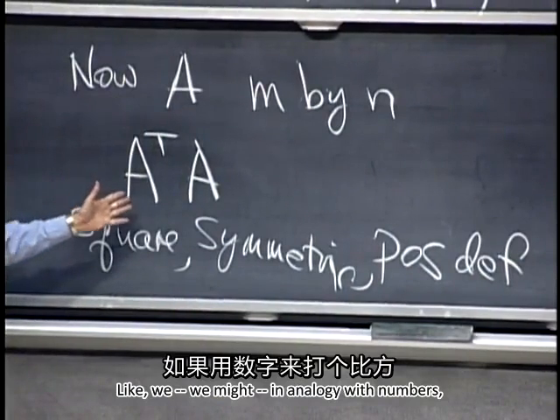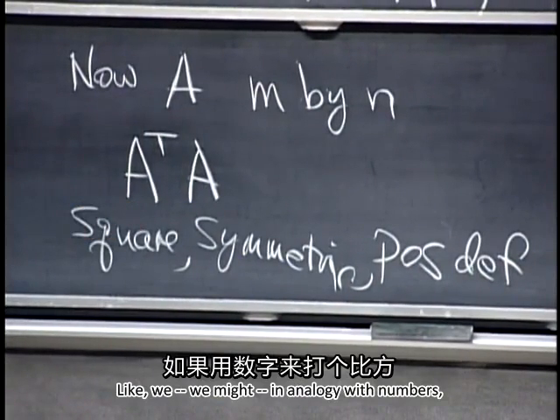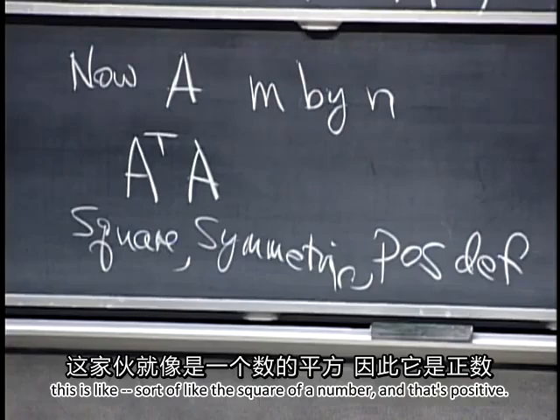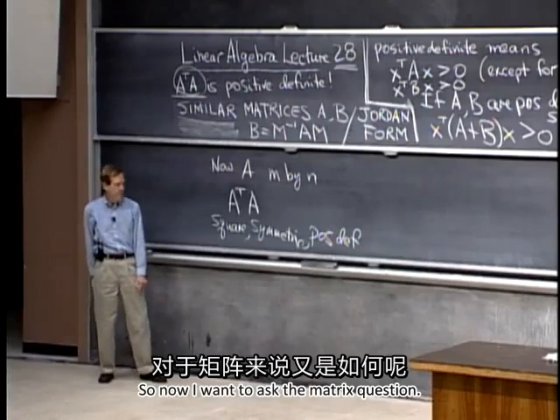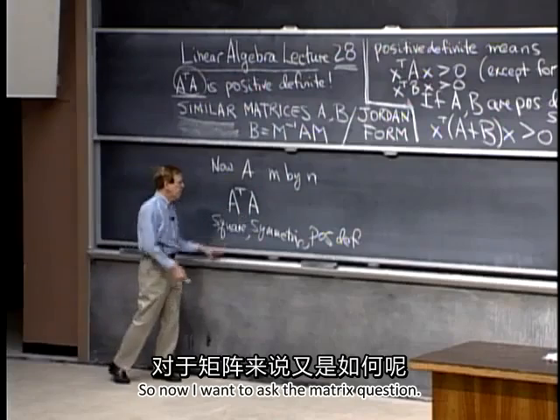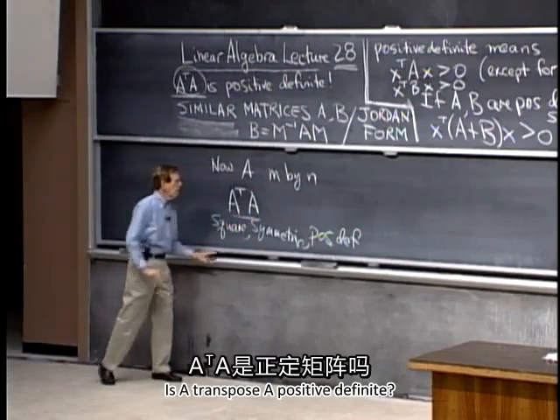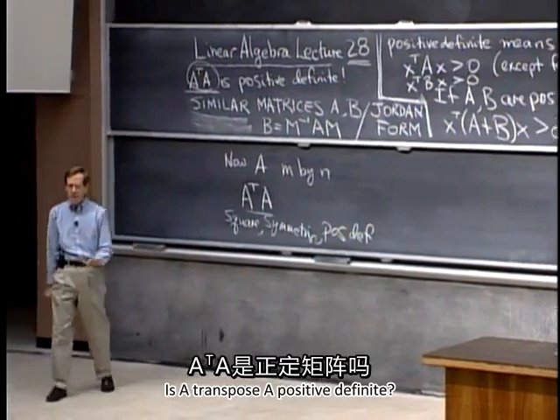In analogy with numbers, this is sort of like the square of a number, and that's positive. So now I want to ask the matrix question. Is A transpose A positive definite?